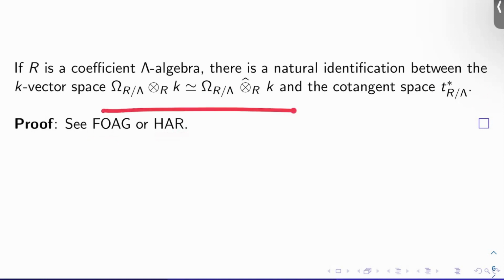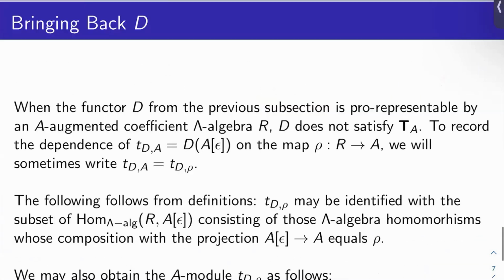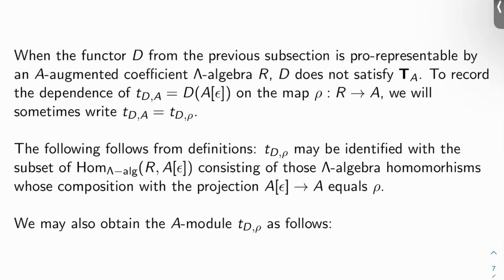Okay, so this is actually important for us. We're going to seek to generalize this today, and we're actually going to want to get rid of the star here. So let's bring back the functor D from the previous videos, just some covariant functor from some category to sets.